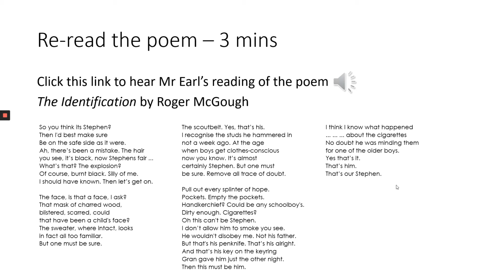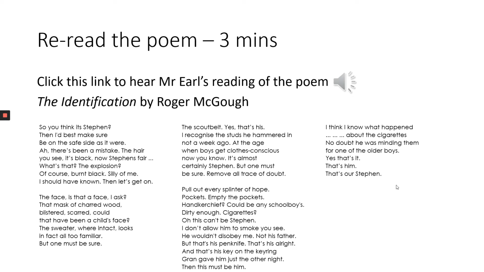The face. Is that a face, I ask? That mask of charred wood? Blistered? Scarred? Could that have been a child's face? But the sweater, wear intact, looks in fact all too familiar. But one must be sure.